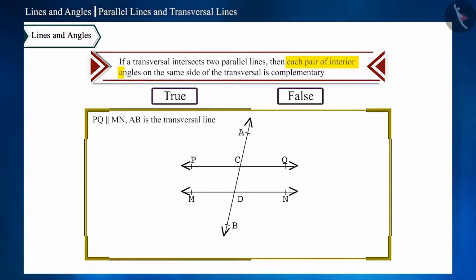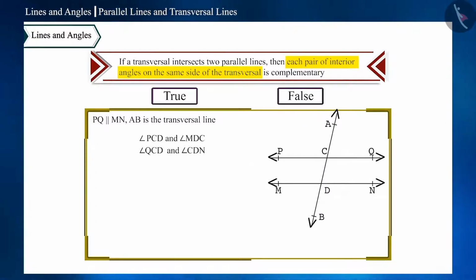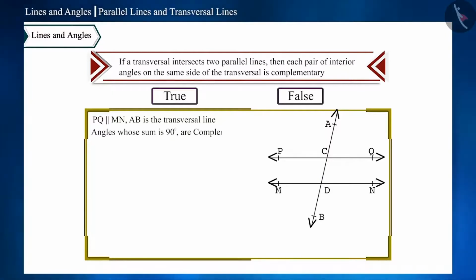Interior angles formed on the same side of transversal, that is angle PCD, angle MDC and angle QCD, angle CDN are complementary angles. And we know that angles whose sum is 90 degrees are complementary angles. Is the sum of these angles 90 degrees?